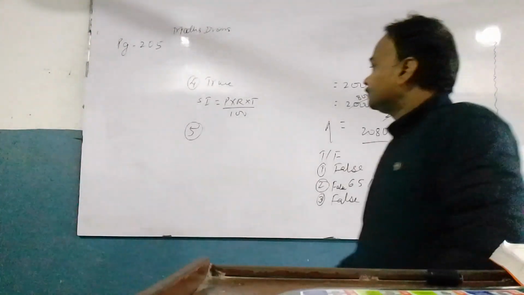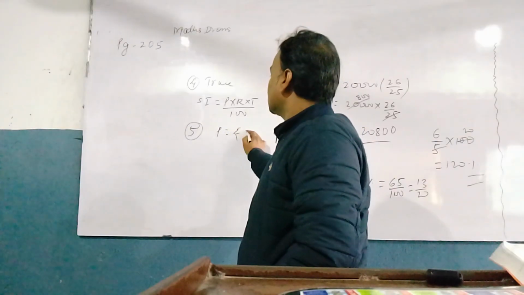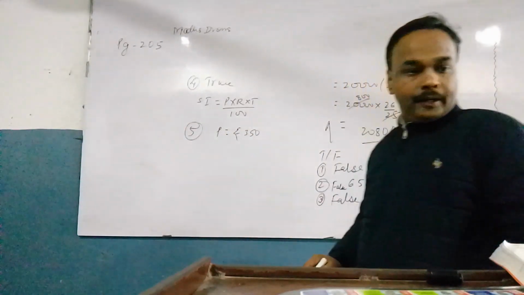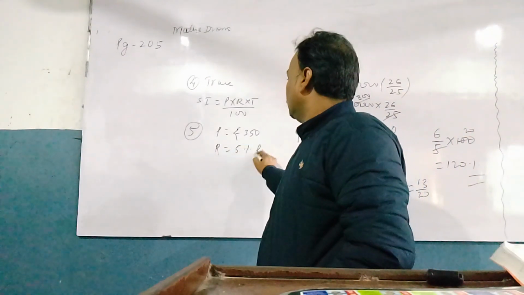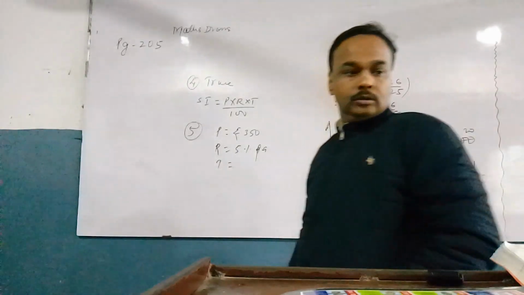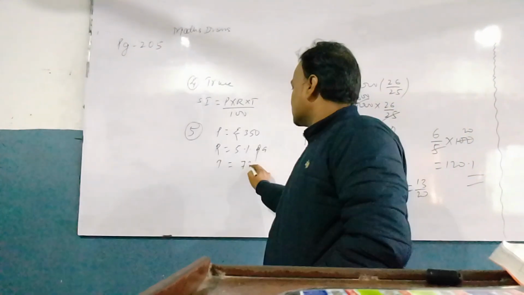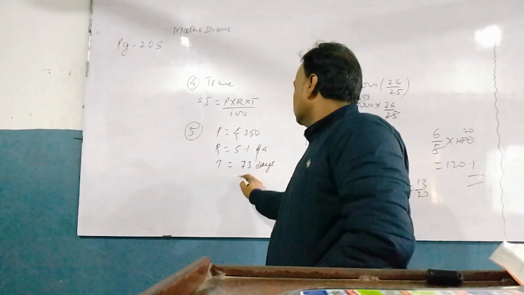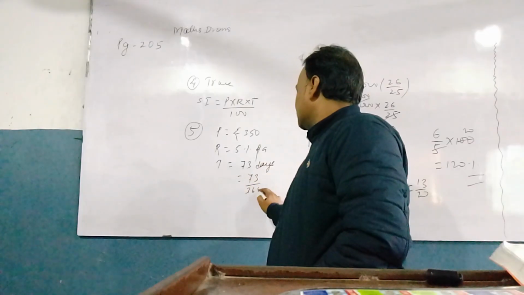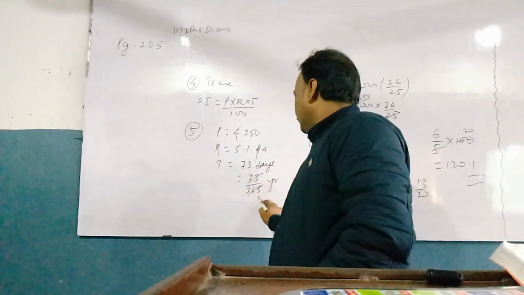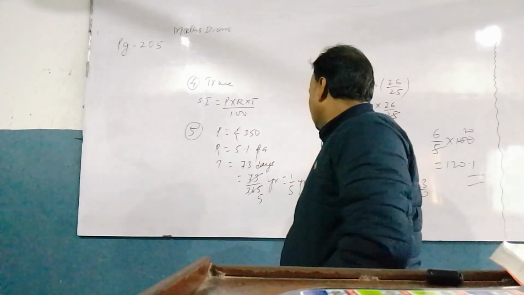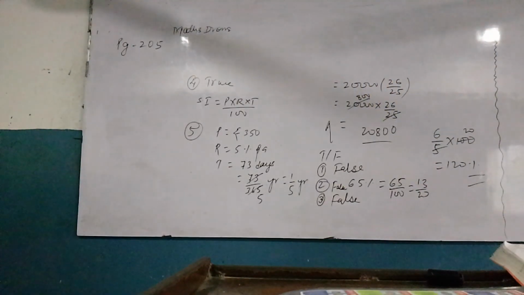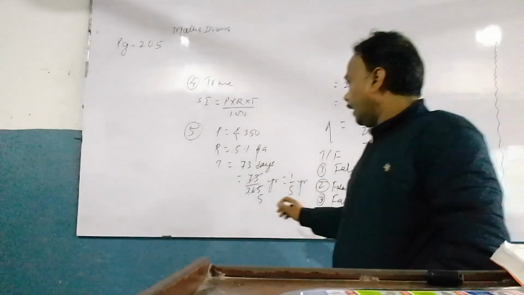Principal here is rupees 350, rate is 5% per annum, and time is 73 days. 73 days when converted into years is 73 by 365, which is equal to 1 by 5 year.